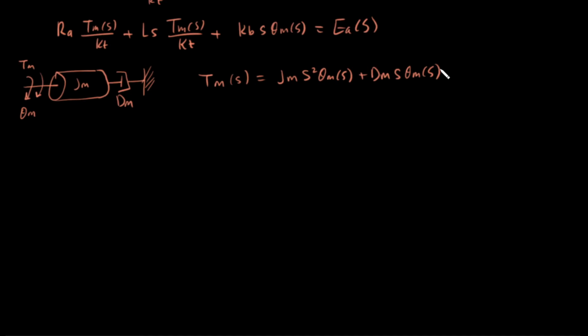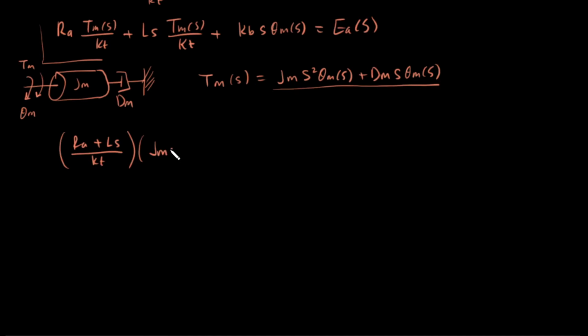Okay, so now we have the dynamics of the complete electromechanical system, and we can rewrite the terms from this equation. We'll just collect terms, and we'll just say Ra plus Ls over Kt times Tm, but instead of this Tm, we can put our dynamics in from our shaft.